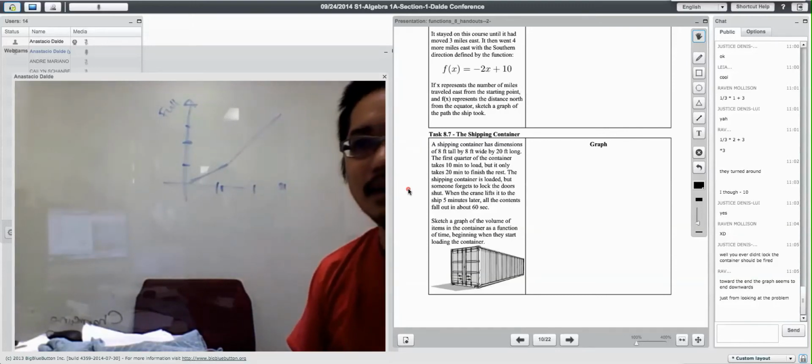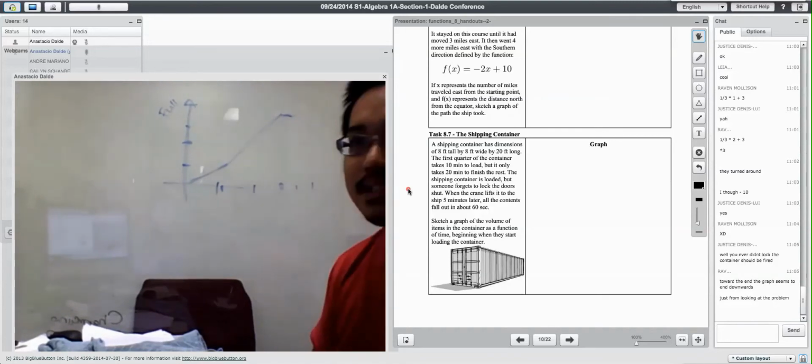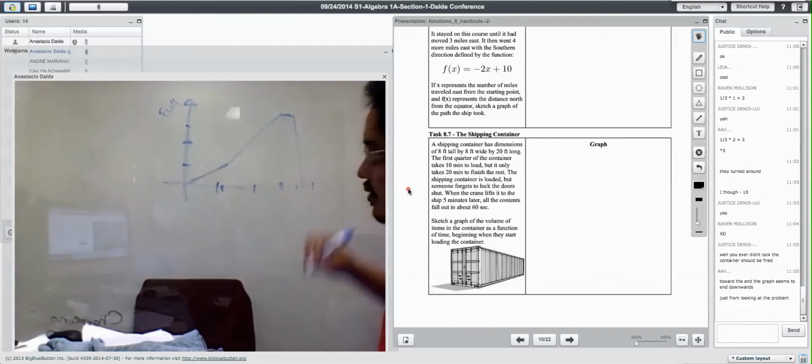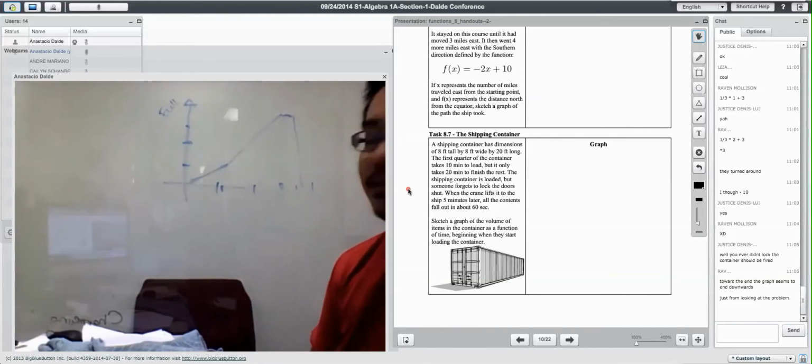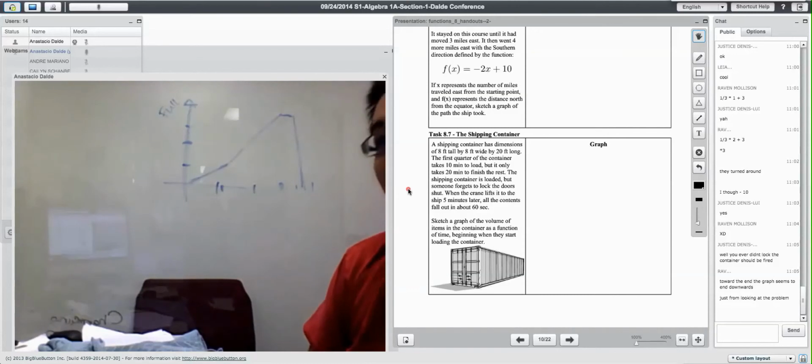Then they waited 5 minutes, so that would be not 10, but half there. Picked up the container, everything fell out, and so now it's 0 full in about 1 minute. Everything broke because they picked up a container and everything fell out.